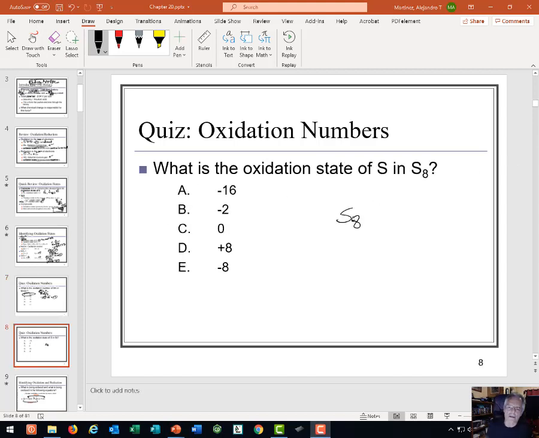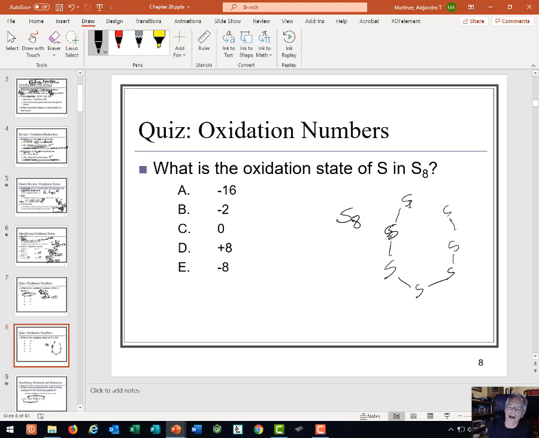So what is the oxidation state of sulfur in S8? Well, this is a weird structure, but it's an element. And when you have structures like this, so this is sulfur, sulfur, sulfur, sulfur, sulfur, sulfur, sulfur. Let's see, 1, 2, 3, 4, 5, 6. And let's do a couple more.